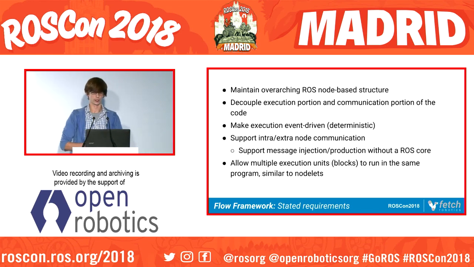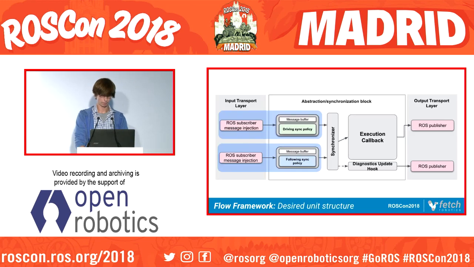We also want to be able to support intra- and extra-node communication, something akin to nodelets. We call the units that are running in our system blocks. Again, they're very similar to nodelets in that several can be run within the same program, but we exclusively run each block in a separate thread. So in the diagram here, we have our ROS transport layers on the end, and on the inside we have what we call input channels, which are essentially a buffer that the messages get pumped into, and they serve two purposes, one of which is to buffer the messages and reorder them in time.